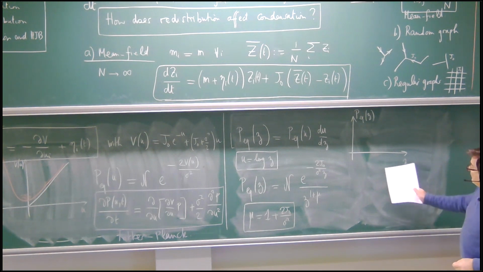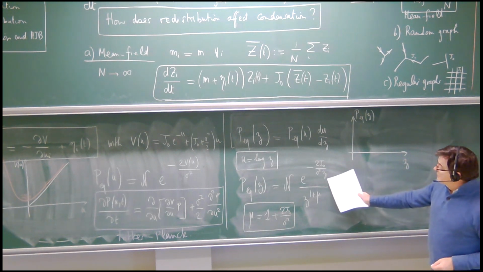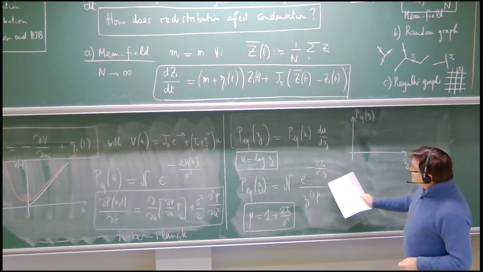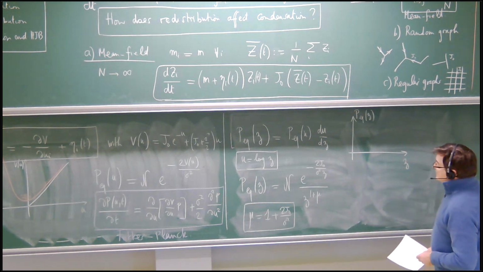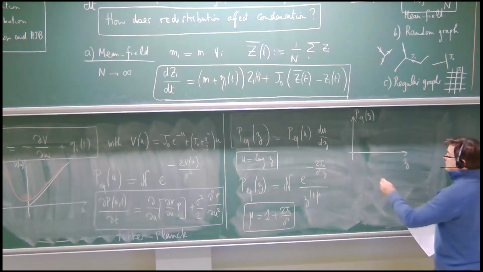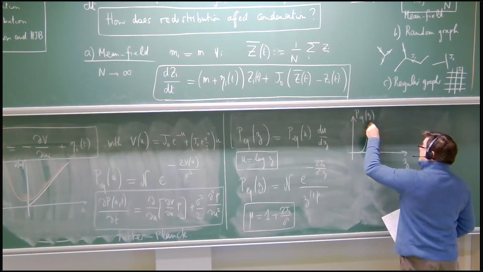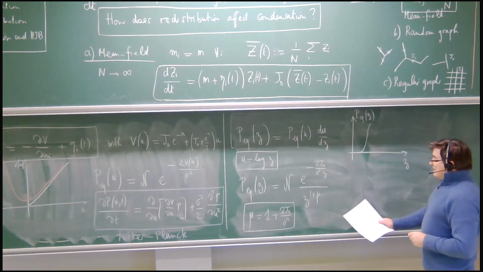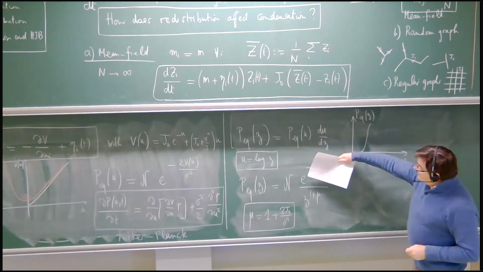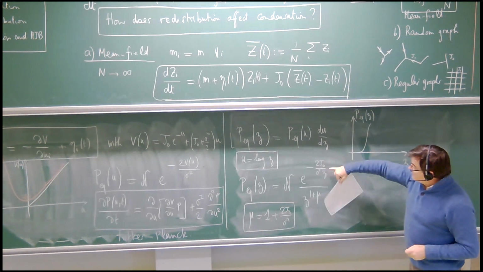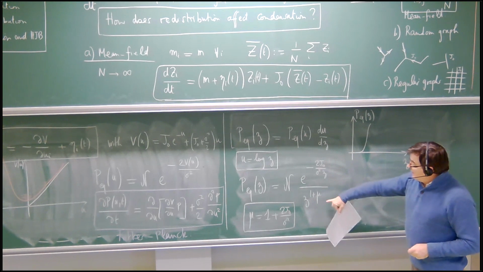Well, for Z very small, very close to 0, this is exponentially small. This is an essential singularity at Z going to 0. So it's very, very flat here. Then it goes like this. And then for very large Z, this becomes 1, because 1 over Z goes to 0, and you get a power law.